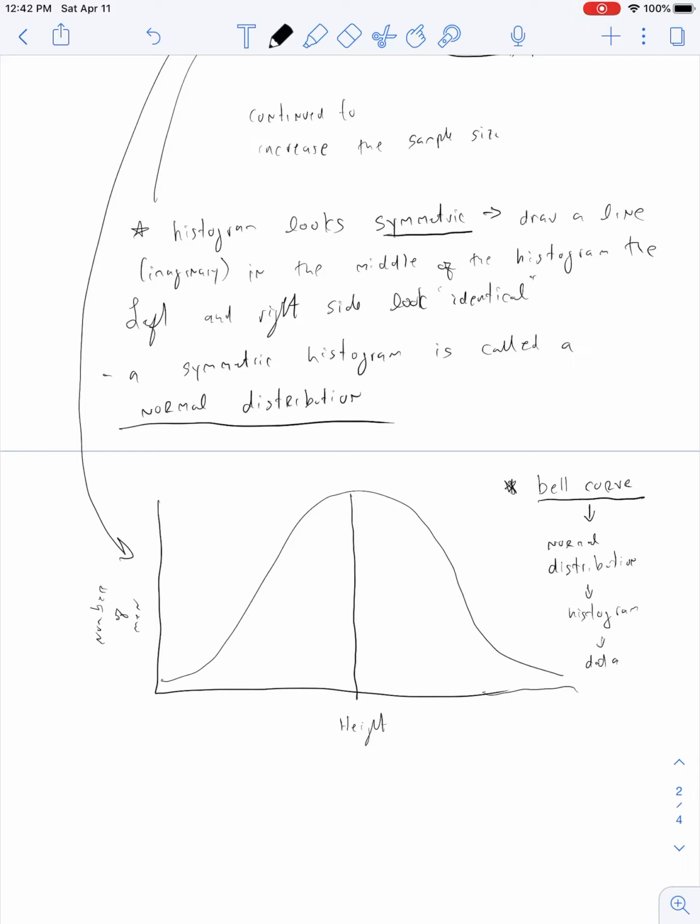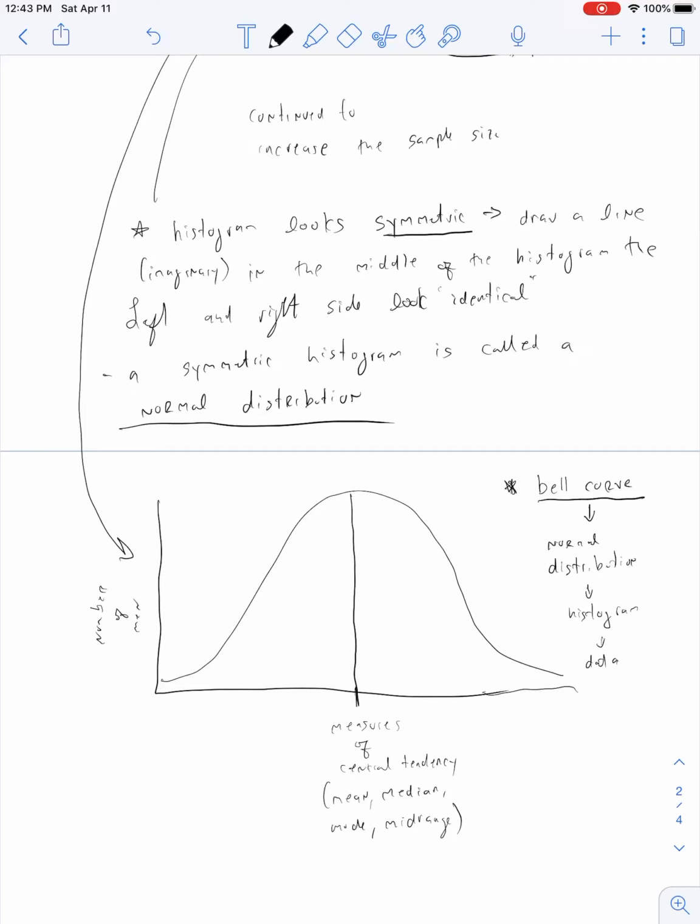This center line is really where you find your measures of central tendency: your mean, median, mode, mid-range.